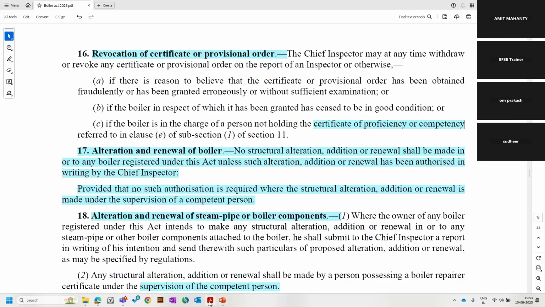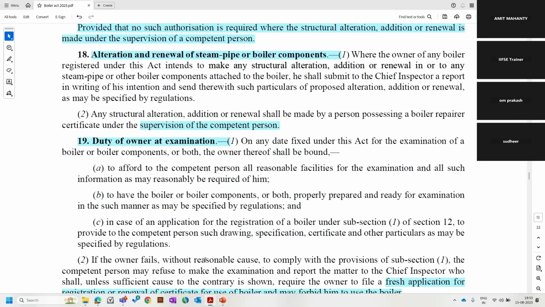18-1. Alteration or renewal of steam pipes of the boilers. Where the owner of any boiler registered under this act intends to make any structural alteration, addition, or renewal to any steam pipe or other boiler components attached to the boiler, he shall submit to the chief inspector a report in writing of his intention and send therewith such particulars of the proposed alteration, addition, or renewal as may be specified by regulations.